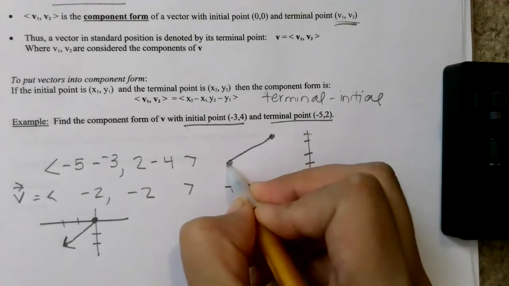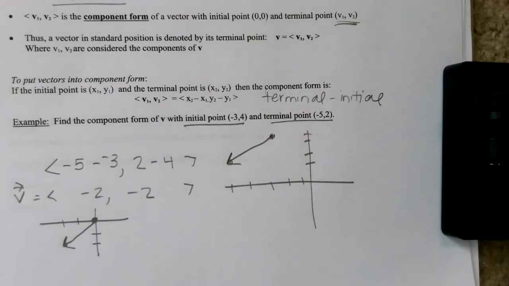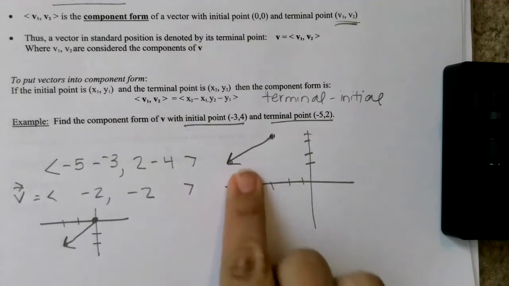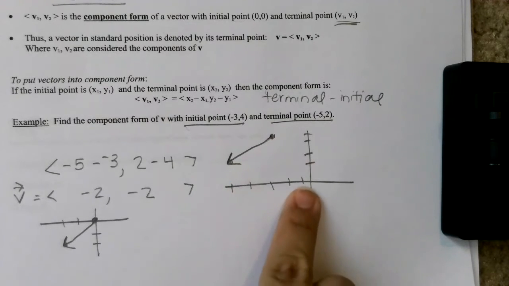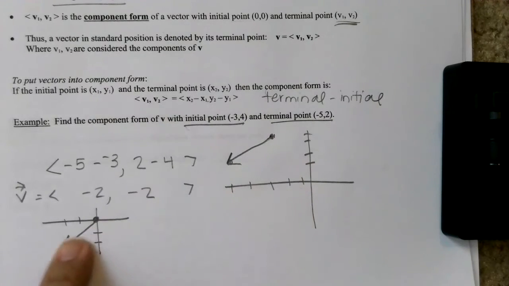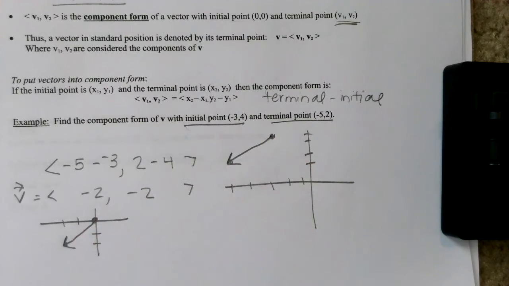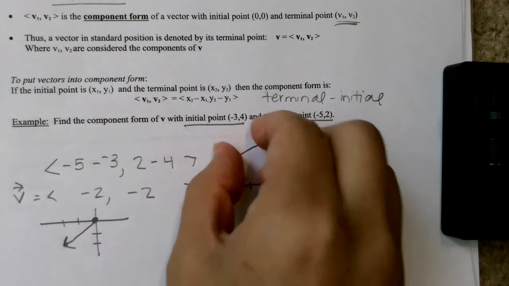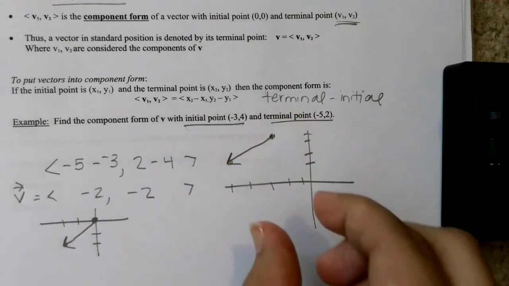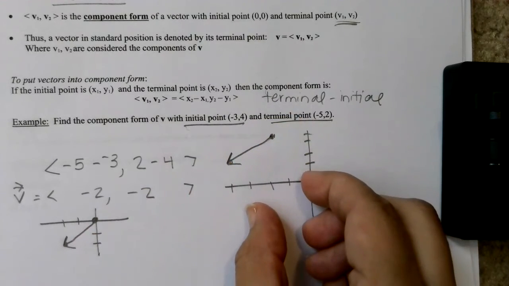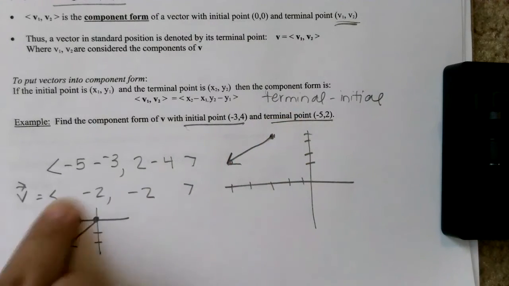So you have to also remember here that I drew this, I didn't use graph paper. So it does look like this vector is longer, but you can also see that I scaled a little differently on my two graphs. But what we mean by we can pick a vector up and move it is we picked this vector up and we just moved it here. And that's what we did to get the component form.